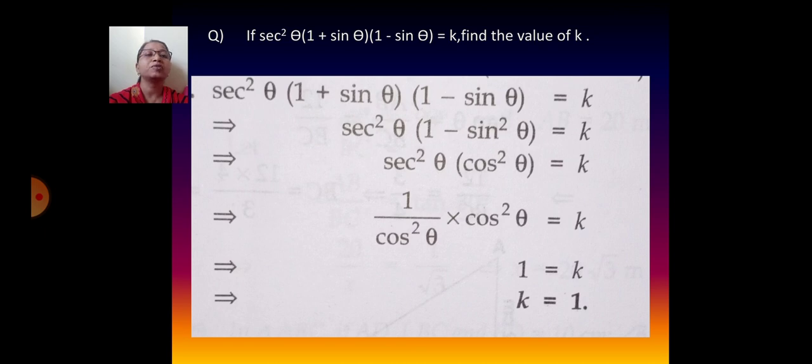So in the next step you will get sec square theta into bracket 1 minus sin square theta is equal to k. Sec square theta, 1 minus sin square theta is cos square theta, is equal to k. Sec square theta can be written as 1 upon cos square theta, into cos square theta is equal to k. So cos square theta will get cancelled. So the value of k is equal to 1.